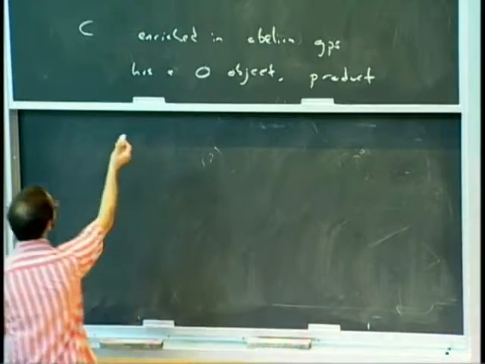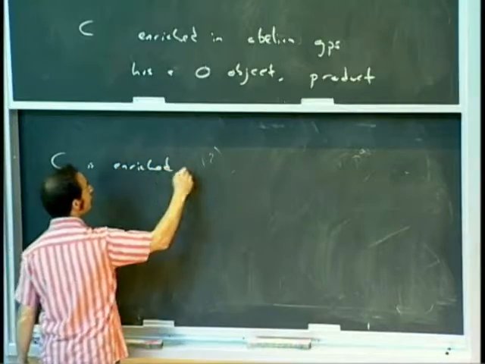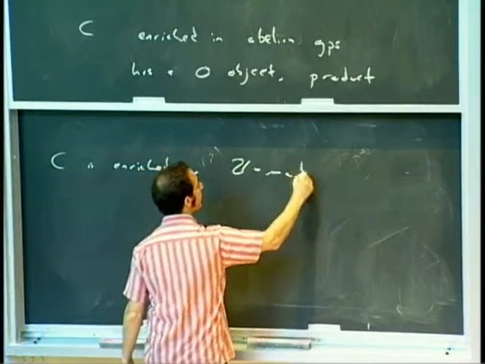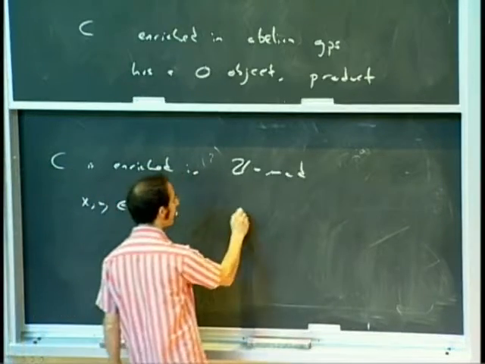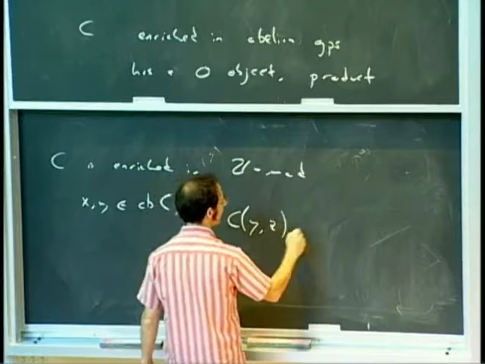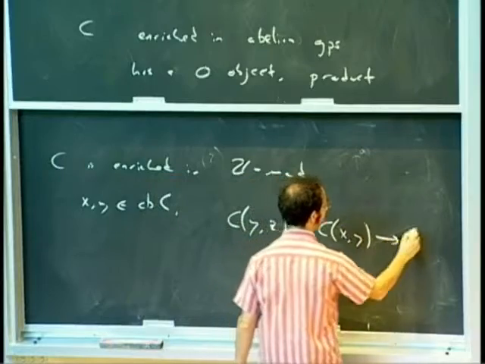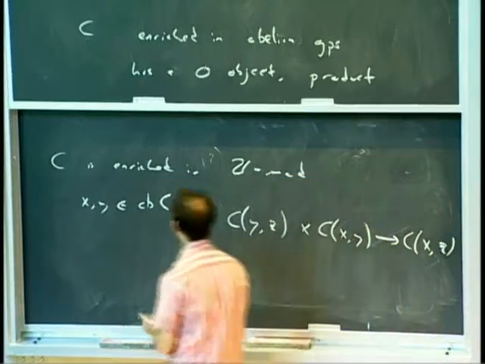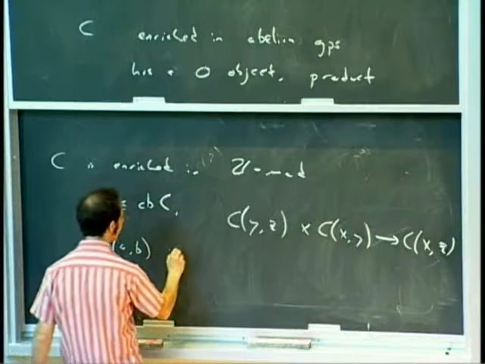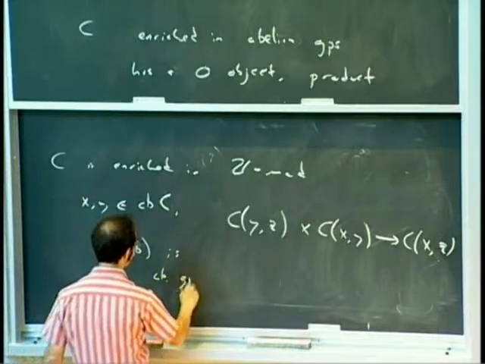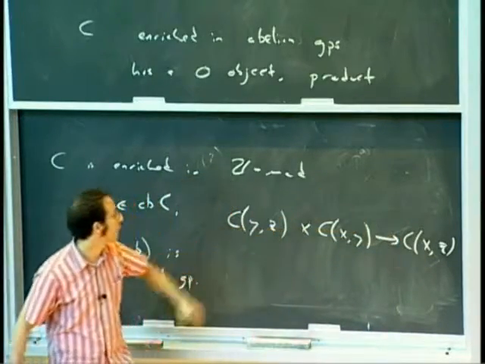So, to be enriched in abelian groups, so C is enriched in Z-mod means that for X and Y in the objects of C, we have a composition map like this. Well, first what it means is that C(A,B) is an abelian group, and moreover, we have a map like this, which is a group homomorphism, right, which is a map of groups.